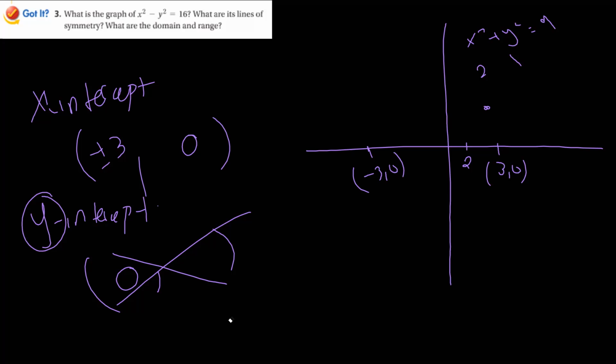We evaluate 2 squared plus y squared, which is 5. And since 5 is less than 9, we say yes, this point is inside the circle. That's what I told you yesterday. But if this value is not less than 9, it will not be inside a circle or an ellipse.